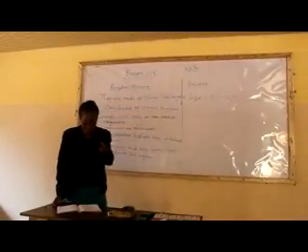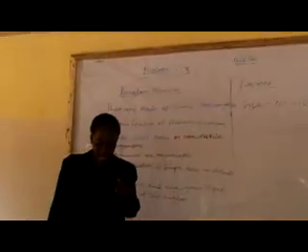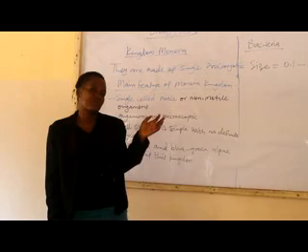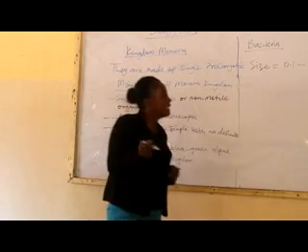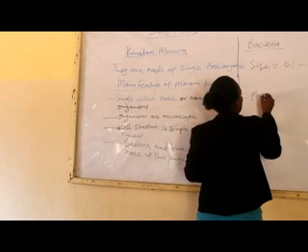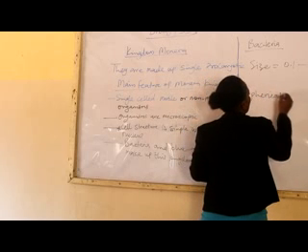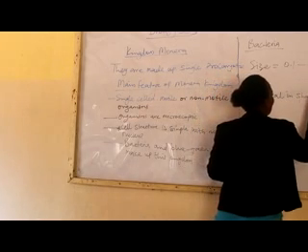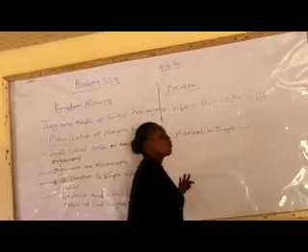And then bacteria have many shapes. We have the ones that are spherical in shape. If they are spherical, we call them cocci.